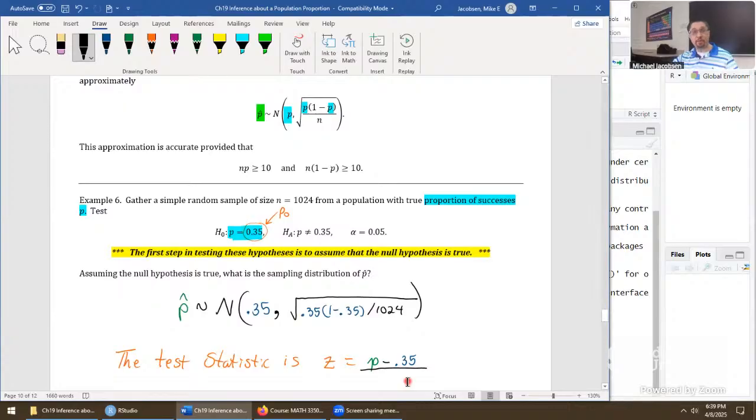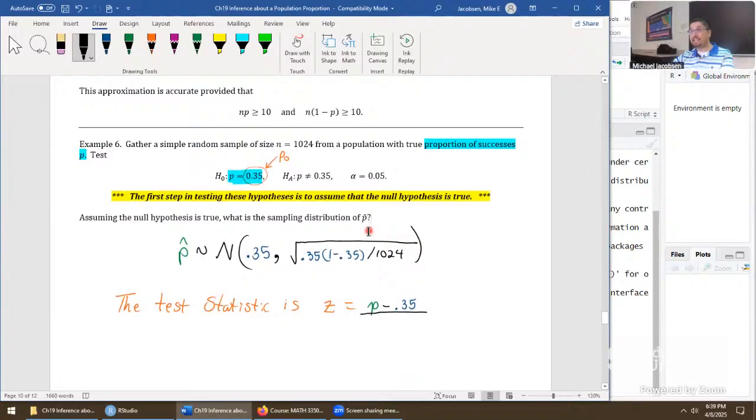In every other method, that would be true, but not here. Here we're dividing it by the exact standard deviation from the model, assuming the null hypothesis is true. Always remember this statement right here. So then what goes down below is the square root of 0.35 times 0.65, divided by 1,024.